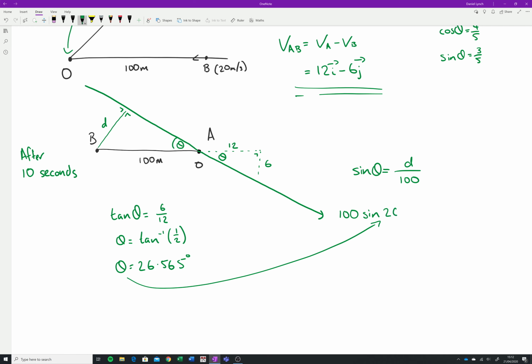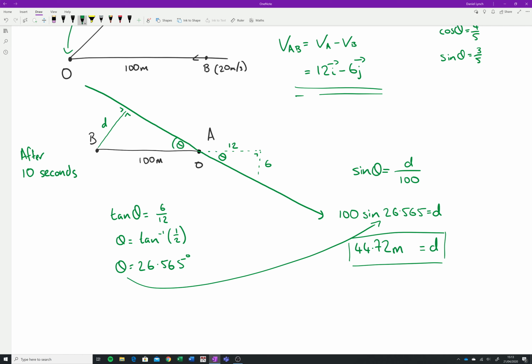It's about 26.565, but if you want to be really accurate, you use the ANS button from before. So 100 sine ANS, press equals, and we have that D, the distance, is 44.7213 and so on, but we'll just do it to 2 decimal places. There we go. That's going to be our answer.